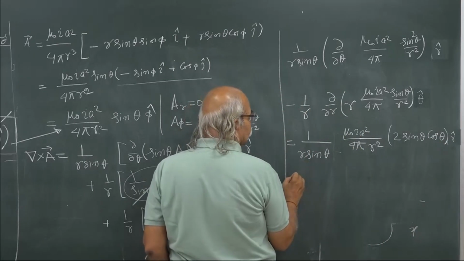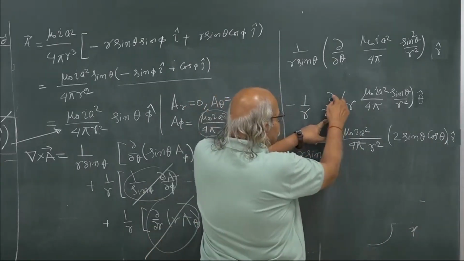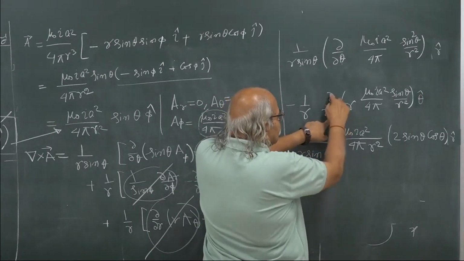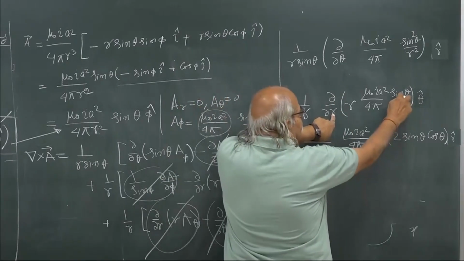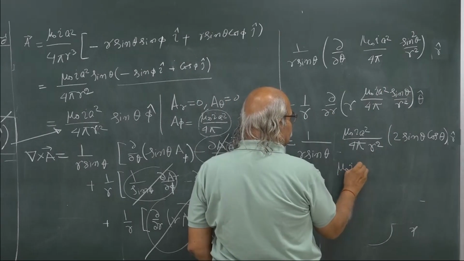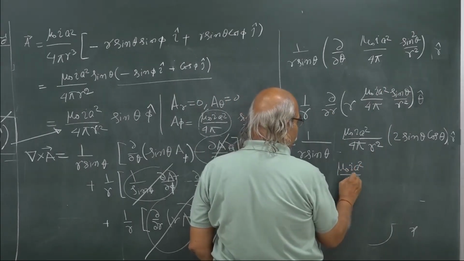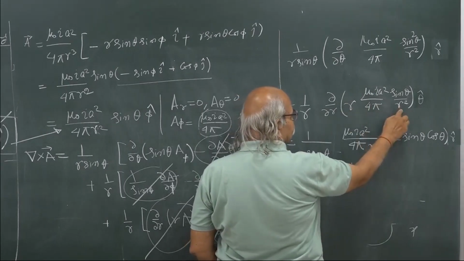Then minus 1 by r, and now it is del by del r. So differentiation with respect to r, theta will be constant. So this sin theta will remain as such. So it will be mu naught I a squared by 4 pi, this is r here, this is 1 by r squared here.